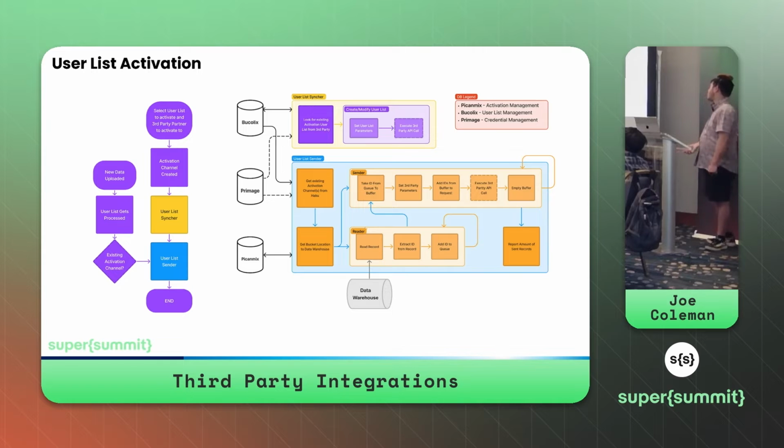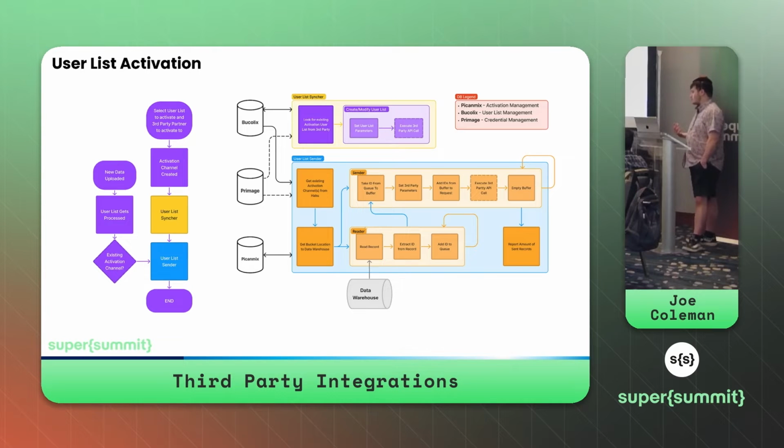On the left-hand side is a graph of what starts these processes. On the right, usually, if they don't have an activation channel for a user list, then once they insert their credentials and what partners they want to send this user list segment to, it creates an activation channel, which triggers something we call the user list syncer.